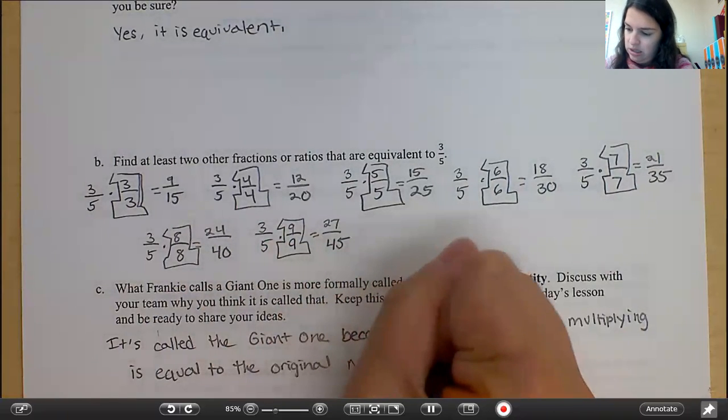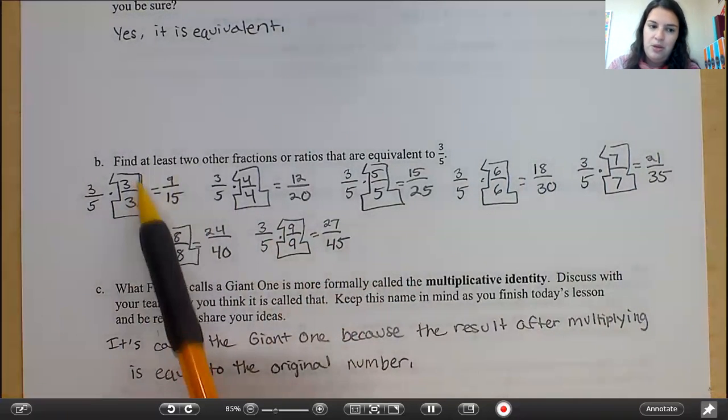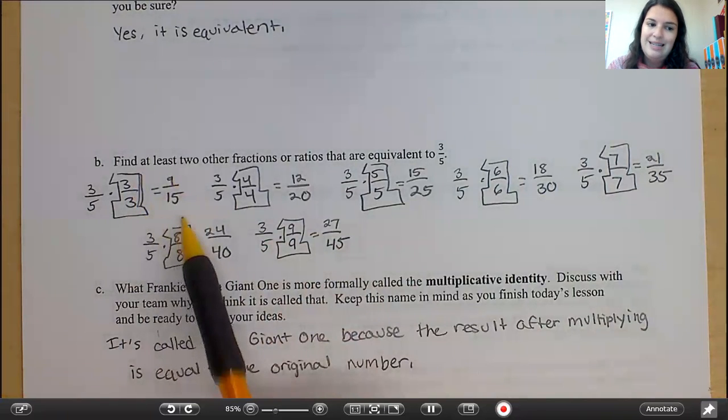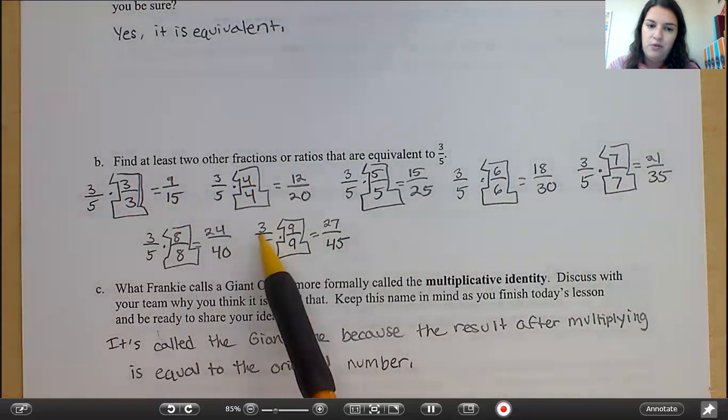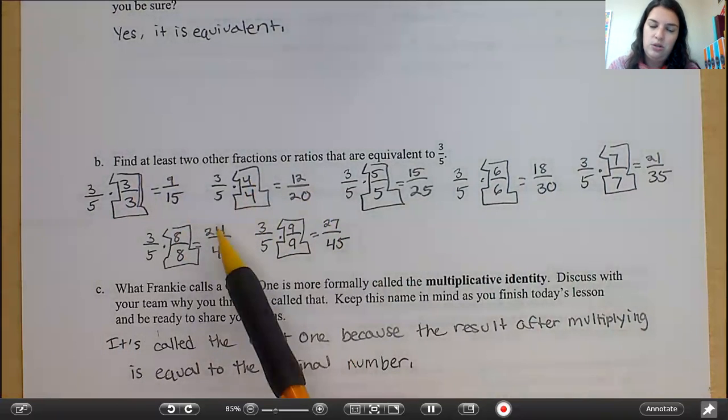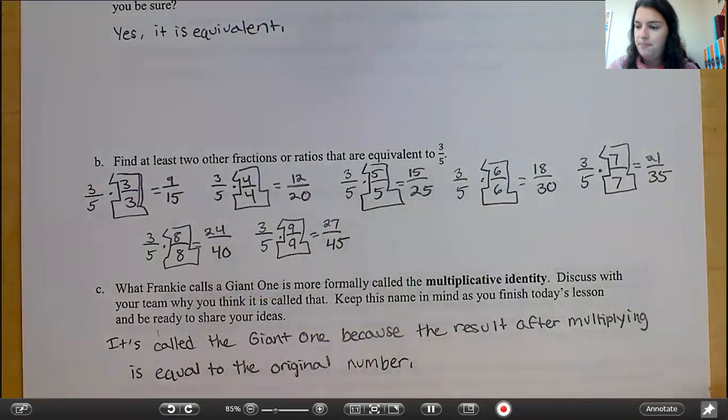So what that means is after you multiply by 3/3, 9/15 is equal to 3/5. Here, once you multiply by 4/4, 12/20 is equal to 3/5, so on and so forth.